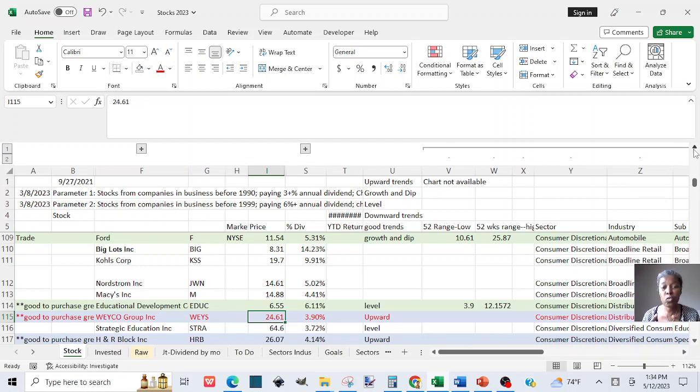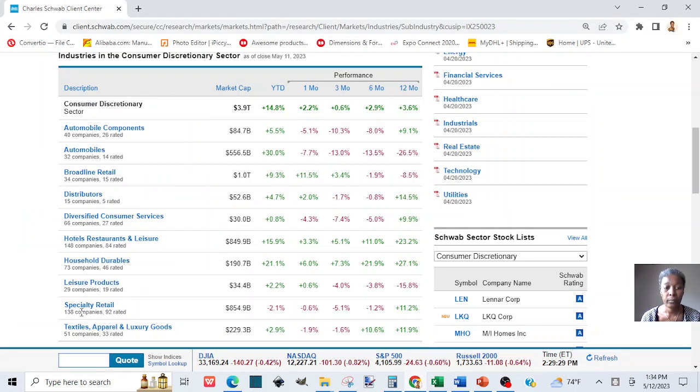So you can choose one whole sector, discretionary sector, and go through all those companies, all those industries, sub-industries, and have them on your spreadsheet. So that'll be batch researching those stocks to find those dividend stocks.